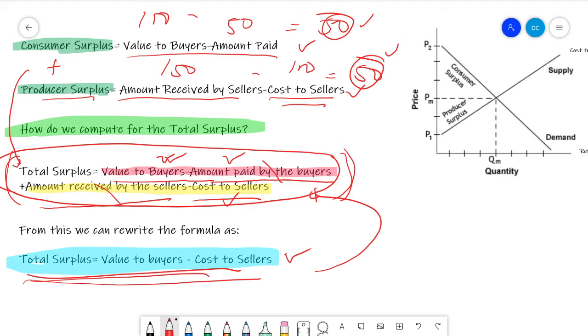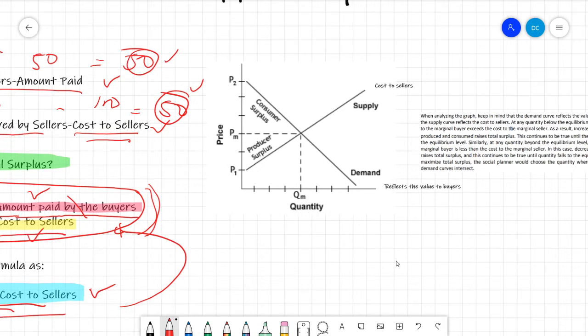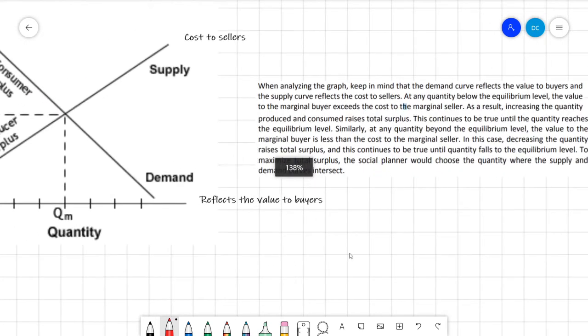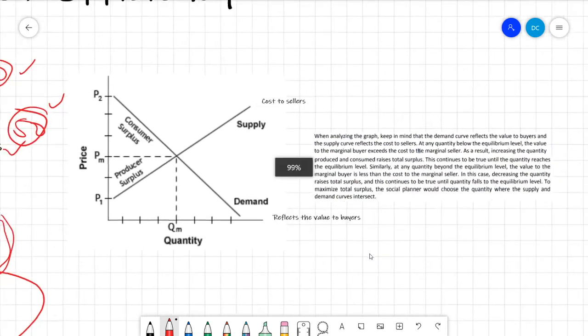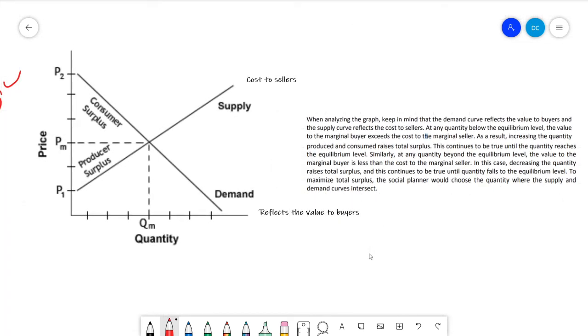Now, if you can still remember, we've discussed market equilibrium, which we can use to examine the efficiency of the market. As you can see, I have here a graph showing a market equilibrium.